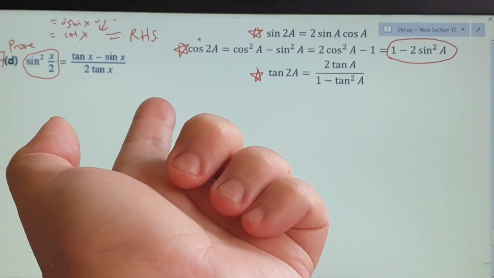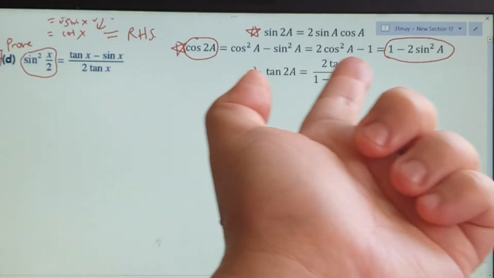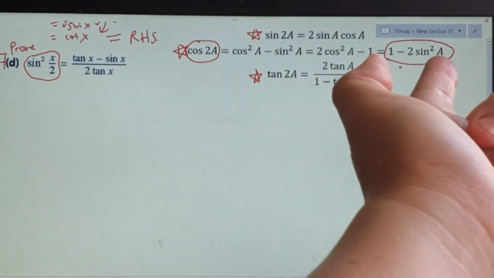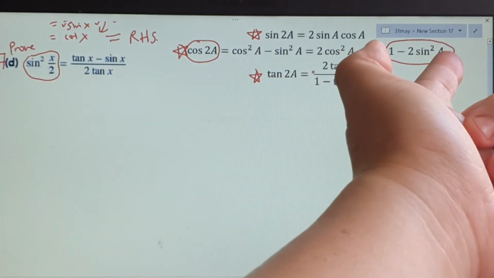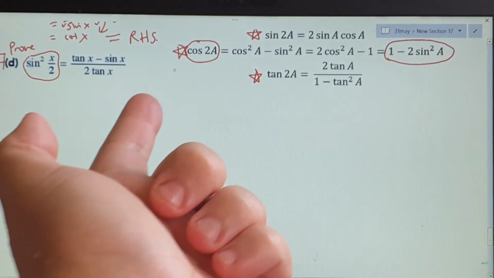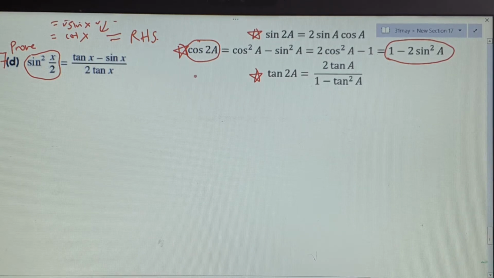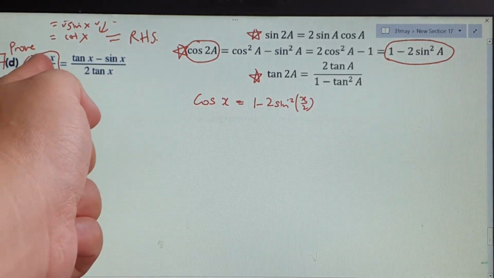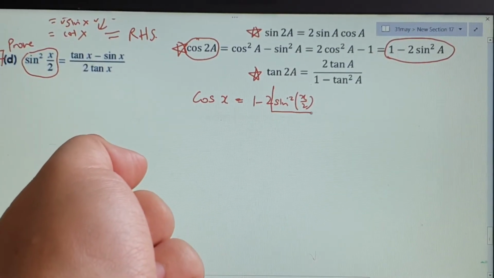Okay, that means this is equals to this, correct? So if I let my a be x over 2, then this will be 2 times of this x over 2, so it's cos x, correct? Okay, I will just write this here. So cos x is equals to 1 minus 2 sine square x over 2. Okay, and this sine square x over 2 is exactly what I want.